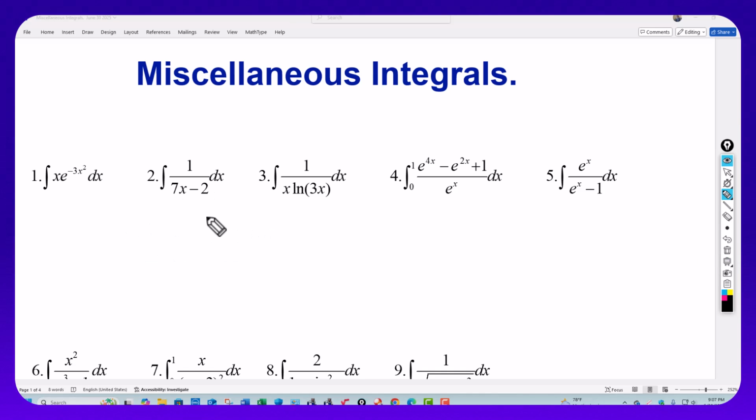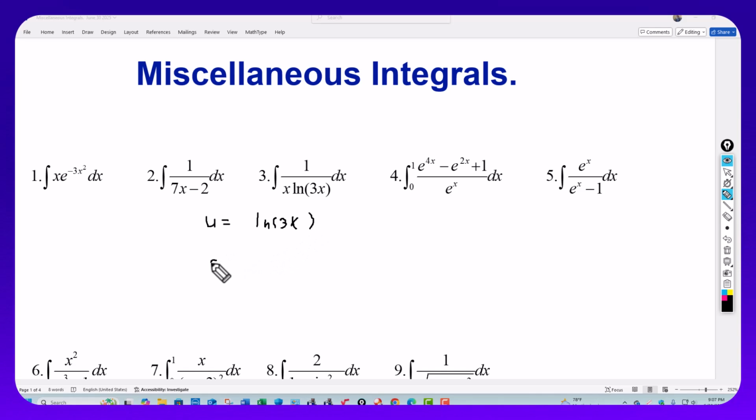Now for the next one, again, a u substitution. Always take as much as you can when you do a u substitution, if it helps you. And in this one it does. Sometimes you might think of letting u equal 3x, but here I'm going to let u equal the whole thing, ln of 3x.